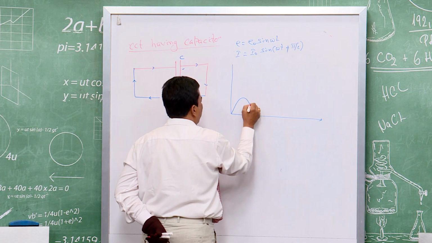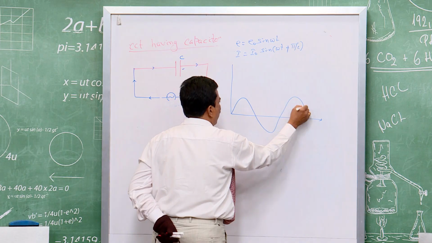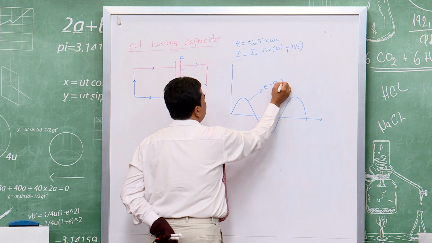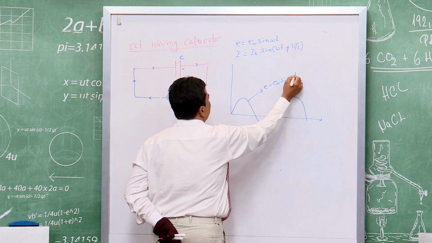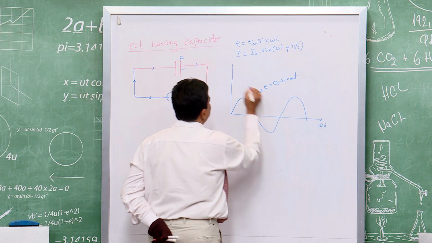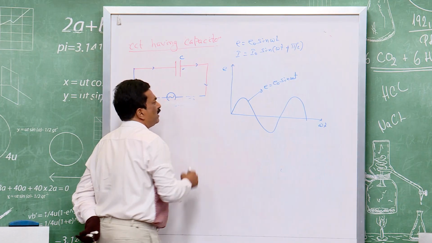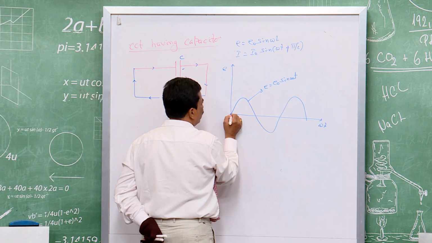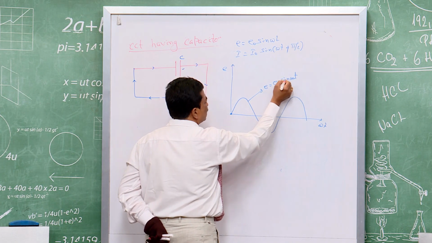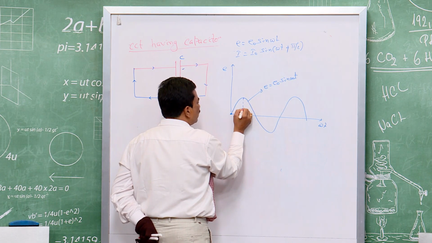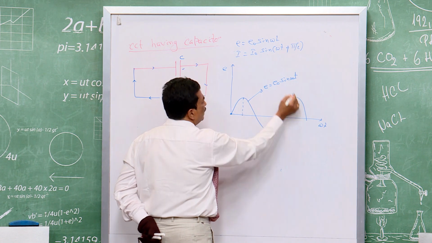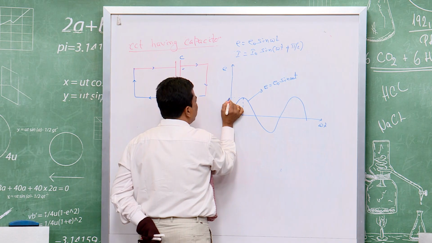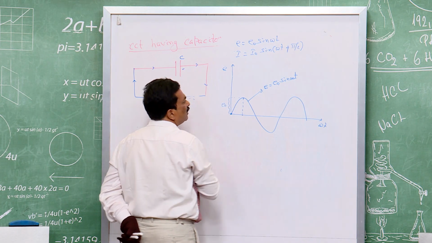Suppose this one we have taken for E is equal to E0 sin omega t. This is omega t. When omega t is 0, E is equal to 0 because sin 0 is 0. When this is 90, sin 90 is 1, E is equal to E0, meaning from this to this is E0.